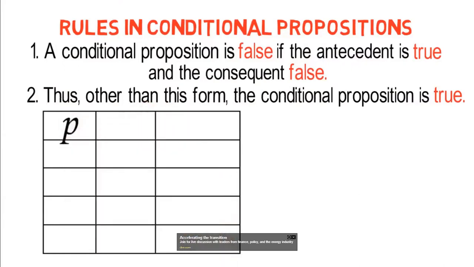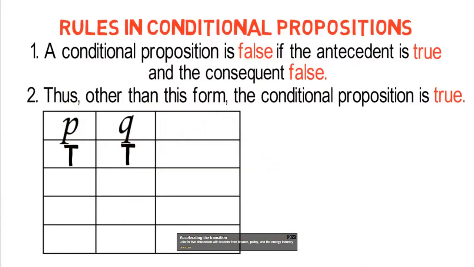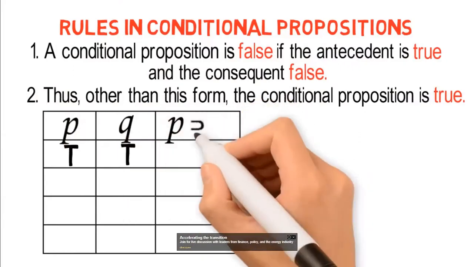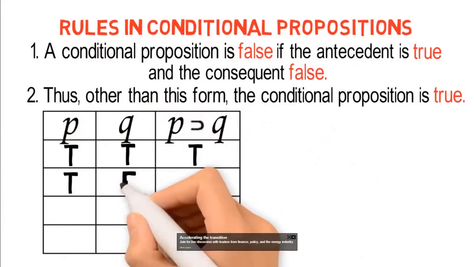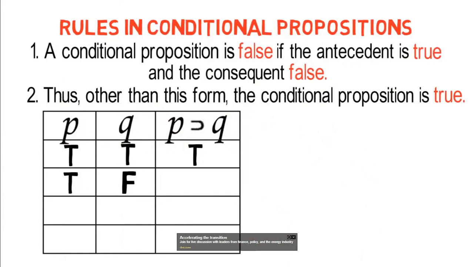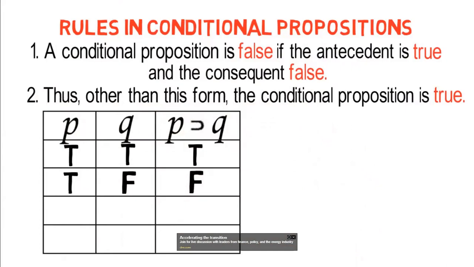And so if P is true and Q is true, then P then Q is true. If P is true and Q is false, then P then Q is false. And if P is false and Q is true, then P then Q is true.